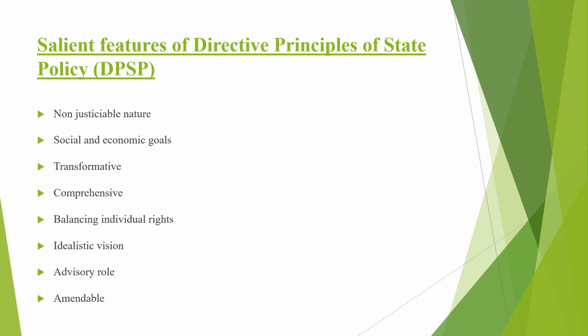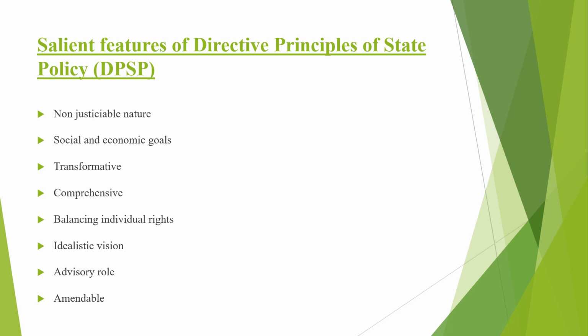Third, transformative. It means they aim to transform society by promoting the welfare of marginalized sections, eliminating social inequalities, and fostering a more just social order. Fourth, comprehensive. It means directive principles of state policy cover a wide range of areas including education, health, employment, agriculture, environmental protection, and other areas, taking a holistic approach to governance.